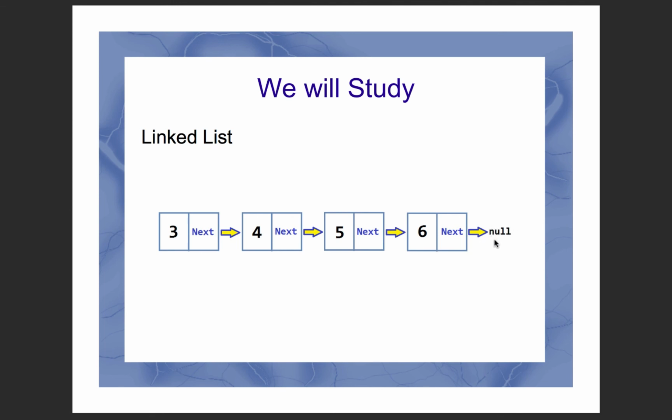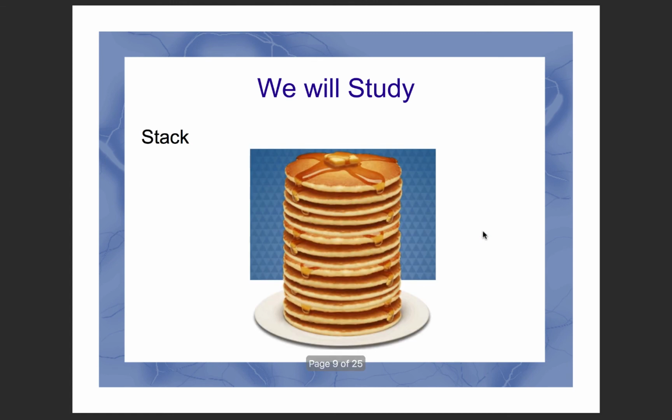That means the last node doesn't have any information in the right side part of the node, because there is no node after that, so it doesn't need any address of the next node. That's why this is null. There is no other node after that. So this is another data structure called stack.